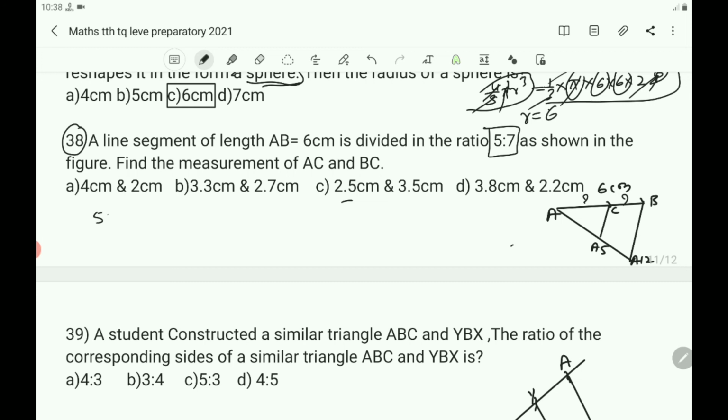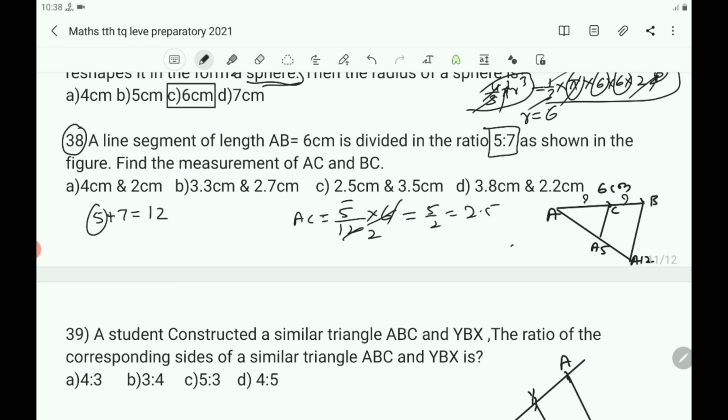So first you take the sum of the ratio, that is 5 plus 7 is equal to 12. So first part AC equals what? First part is 5 by 12 of 6 cm. That is 6 ones are 6, twos are. So you will get 5 by 2, which is equal to 2.5.